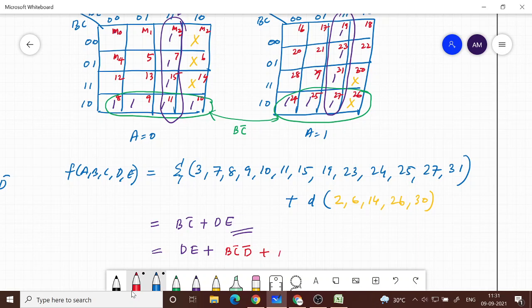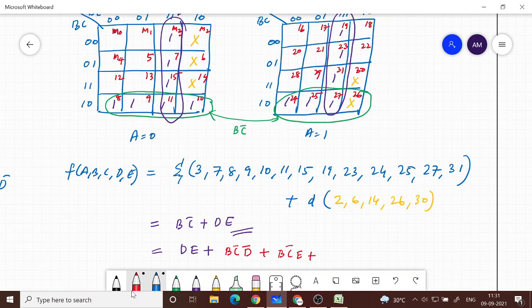So that will give you B C bar and E. But still there is one that is left to be covered, and there is nothing. We can group them as a group of 4 like this, as another group of 4.